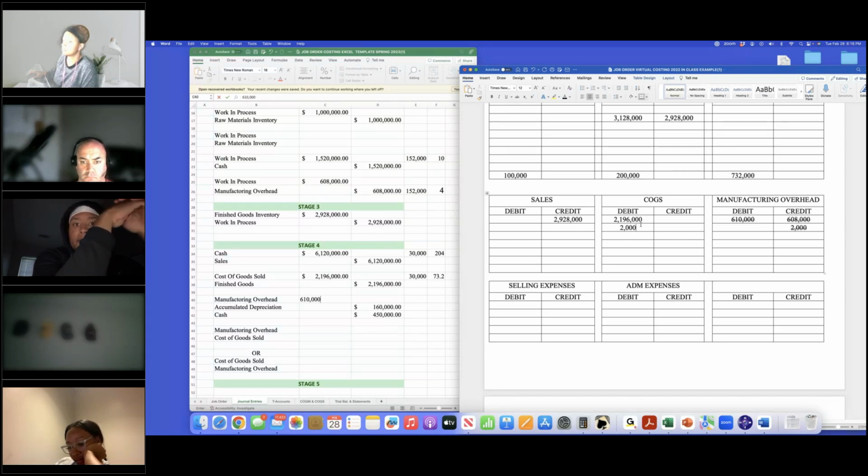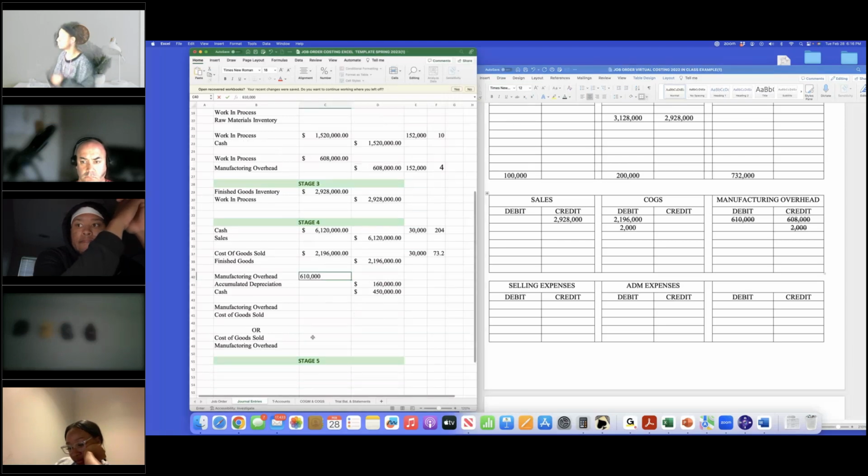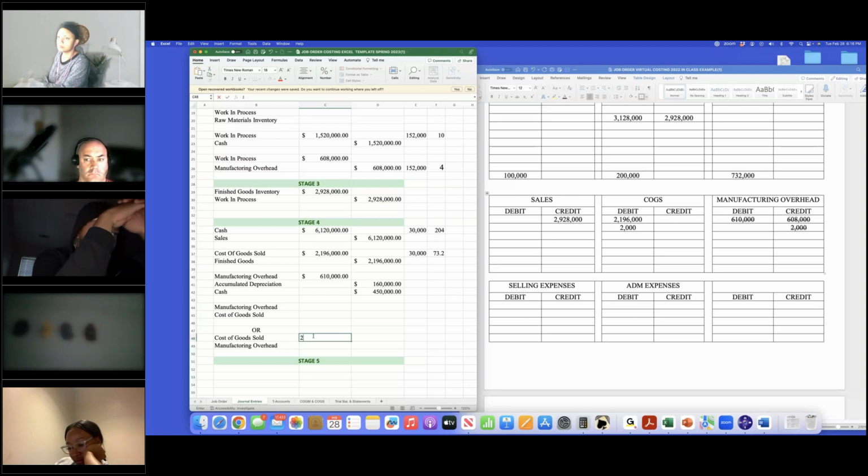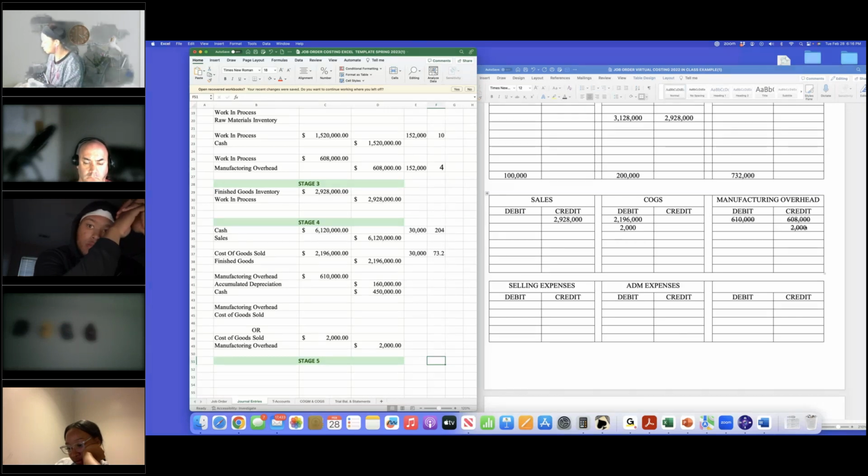So if it were the other way, then we would reverse the entry. If it was a situation where we had 608 here and we'd estimated 610, then we do this entry. We debit manufacturing overhead and credit cost of goods sold.